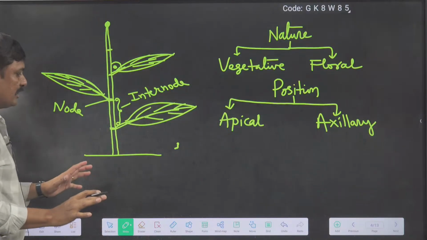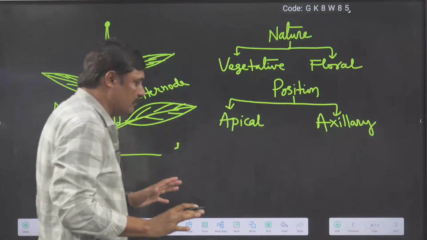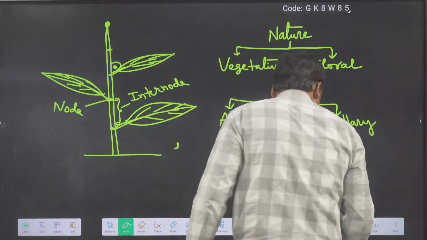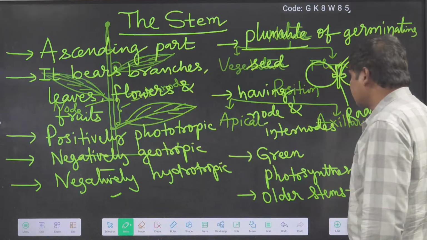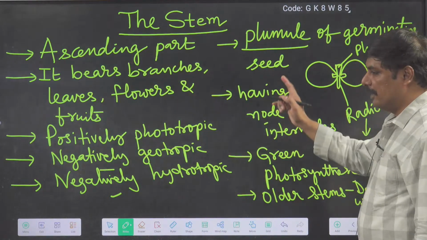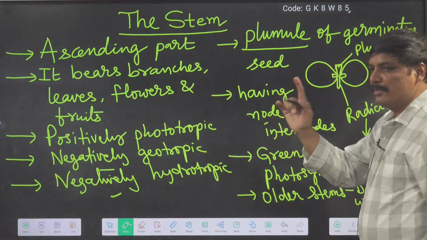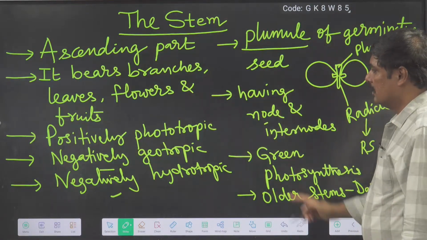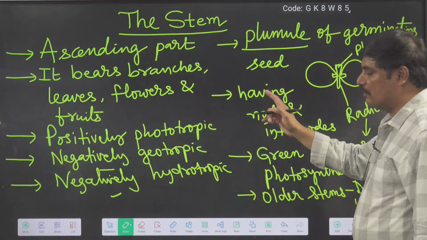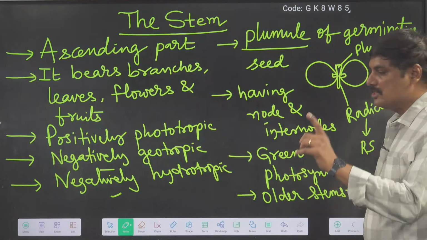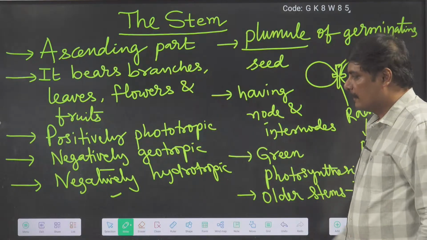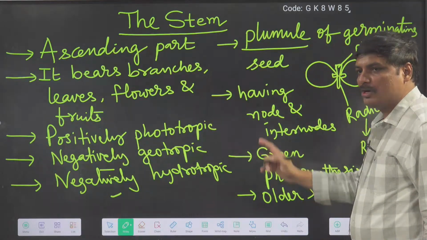I think you understand regarding the characteristics of stems. Okay? I repeat once again. Stem is the ascending part. Stem bears branches, leaves, flowers and fruits. Stem is positively phototropic. Stem is negatively geotropic.